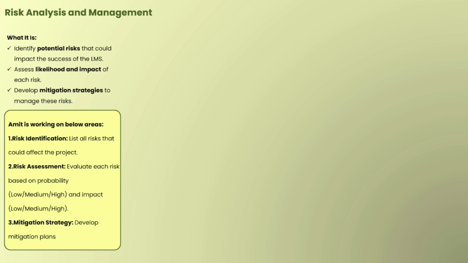Then assess the likelihood and impact of each risk, meaning whether the probability is low, medium or high, and whether the impact is low, medium or high. On this scale we have to assess it and develop mitigation strategies to manage these risks.